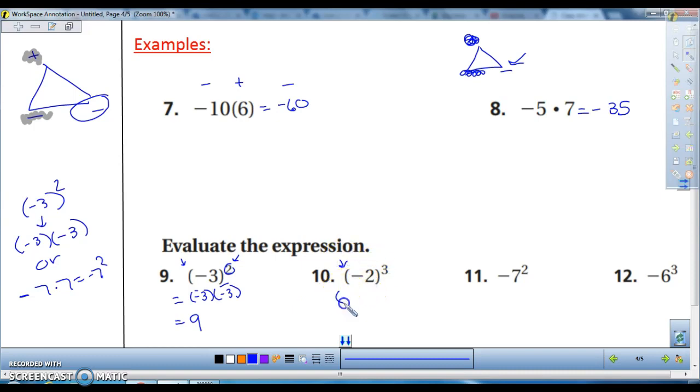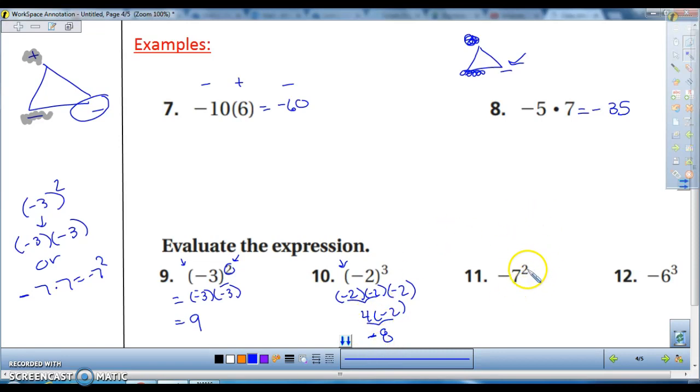It says write negative 2, since it's in the parentheses, 3 times. 1, 2, 3. Negative times negative is positive, and 2 times 2 is 4. The next one, positive times negative is negative, and 2 times 4 is 8. Now we evaluated the expression.